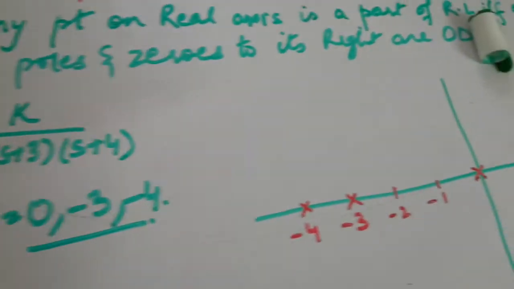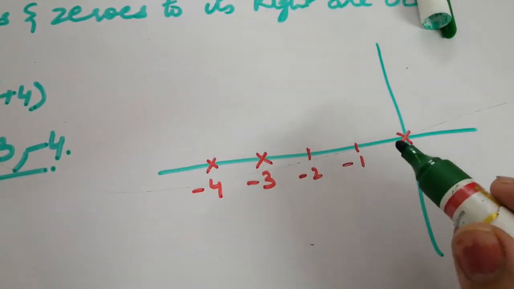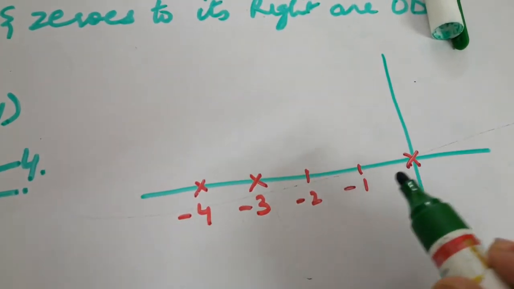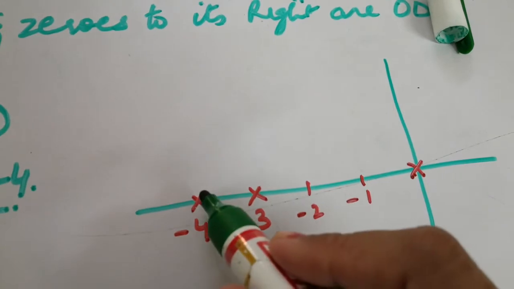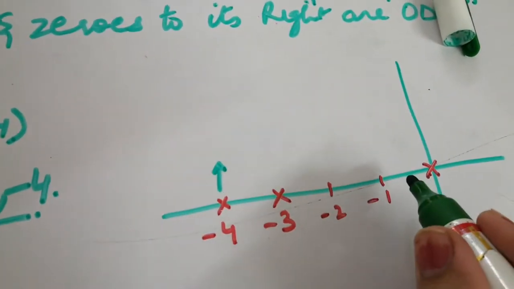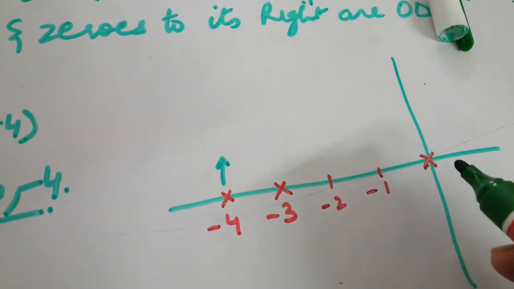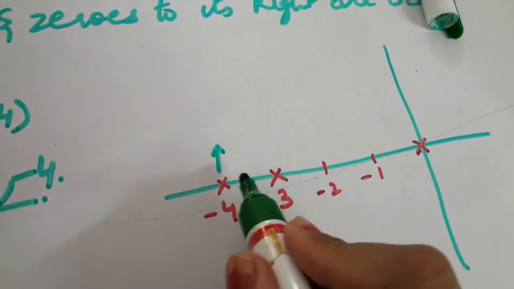I have just plotted them here. The crosses show the poles that we have in the characteristic equation. Now you can see that when we check this pole, the number of poles towards its right are 1 and 2. So 2 is even, that means our root locus will not go from here.